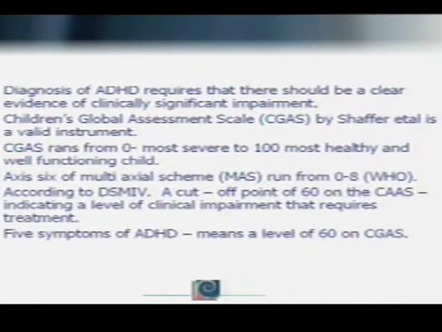And thinking about ADHD and impairment, I was looking into the literature and it seems that there are some tools that have been used by others to measure impairment. One of them is the CGAS, which is the Children's Global Assessment Scale, developed by Shaffer and his group, and used in different studies.